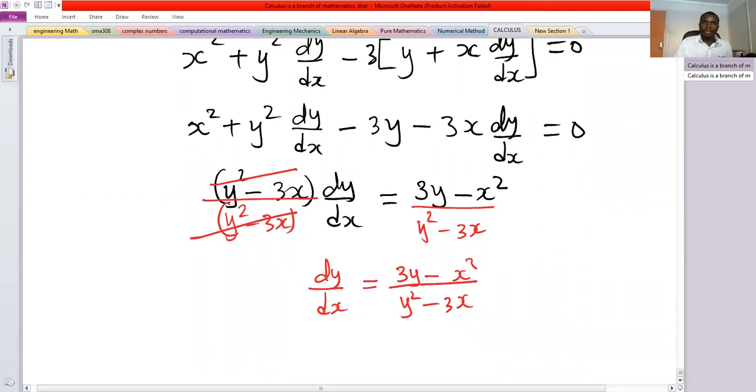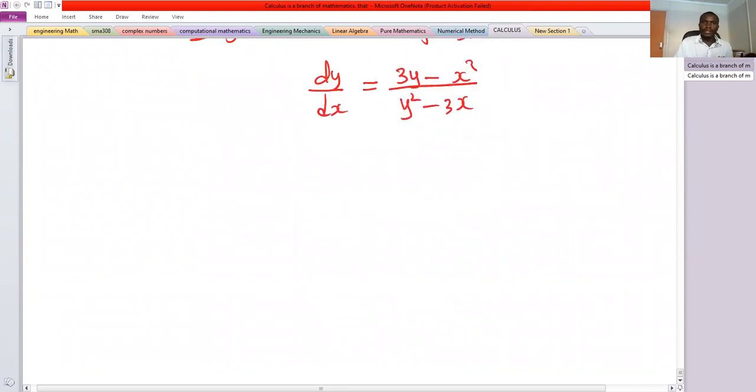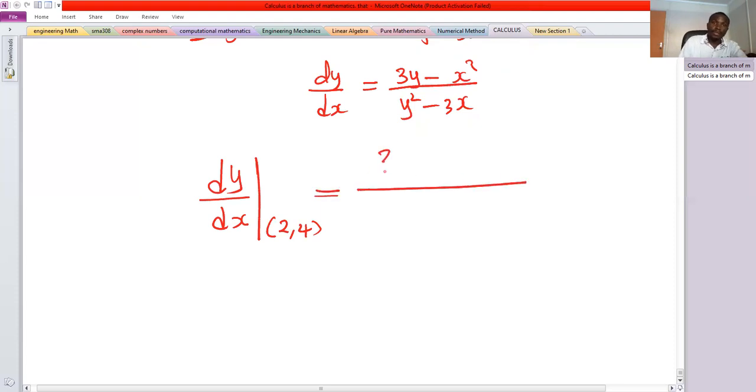So the derivative at the point (2, 4), dy/dx at (2, 4), means where there's x put 2, where there's y put 4. So 3 times 4 minus 2 squared over 4 squared minus 3 times 2.